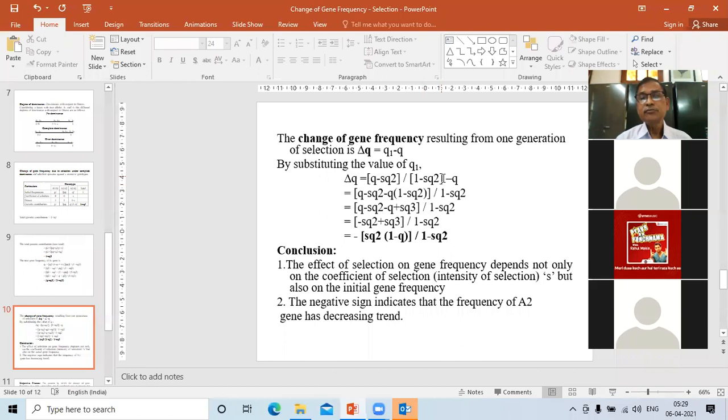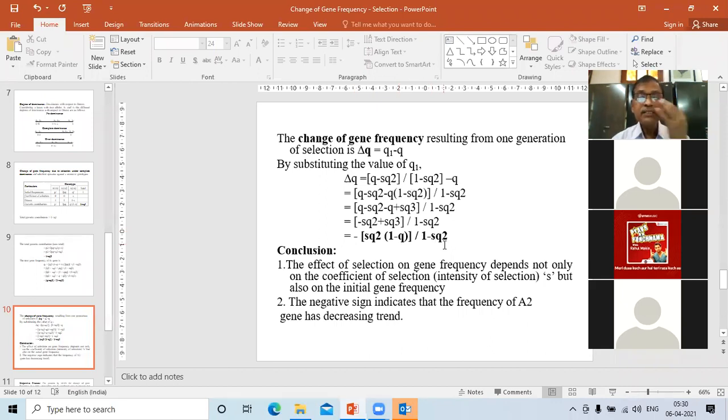This is within the third bracket. This is the magnitude of Q1 and this is Q. So after the simplification, just follow the steps. That is Q minus SQ square minus Q into 1 minus SQ square, upon 1 minus SQ square, and after simplification you will see here minus SQ square into 1 minus Q by 1 minus SQ square.